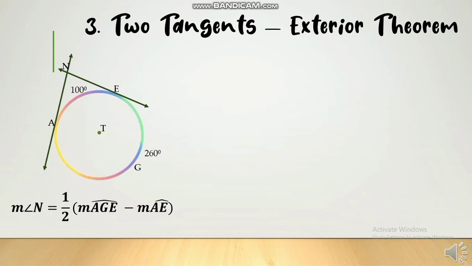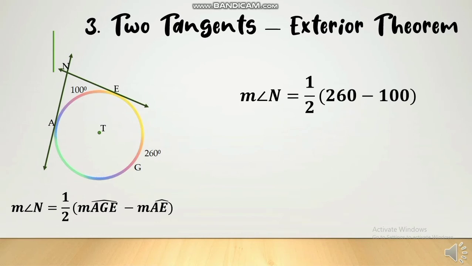So what will be the measure of angle N? Angle N is equal to 1/2 times the quantity 260 minus 100, where 260 is the measure of arc AGE and 100 is the measure of arc AE.